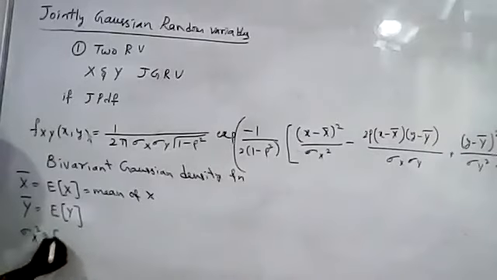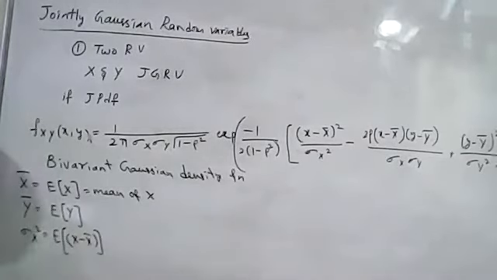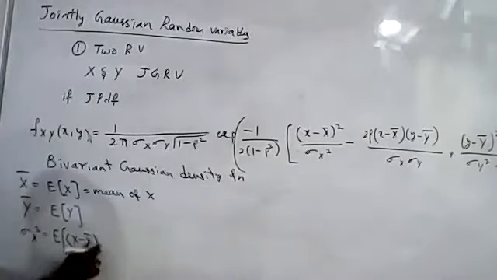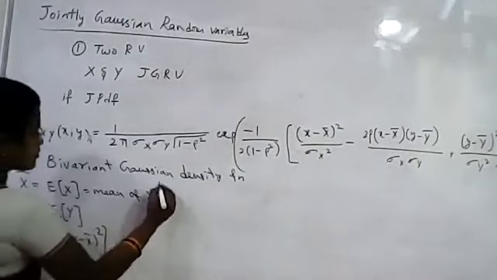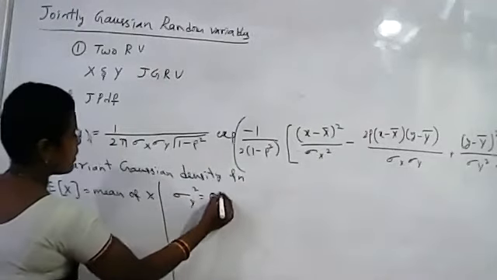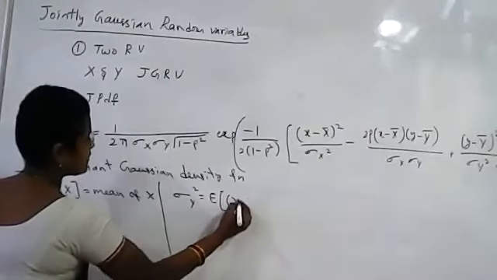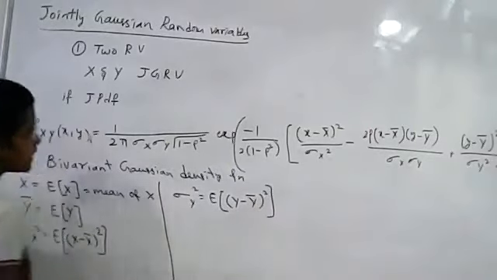Sigma x square is nothing but the expected value of (x minus x bar) square. And similarly, sigma y square is the expected value of (y minus y bar) square.